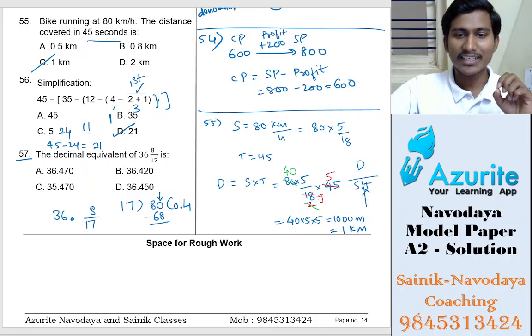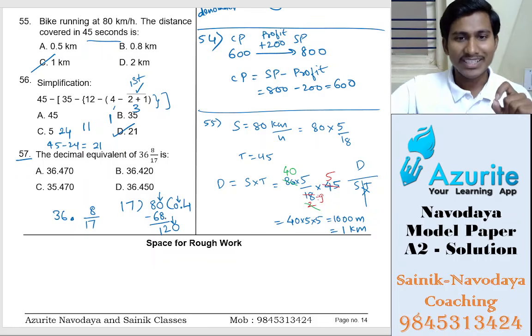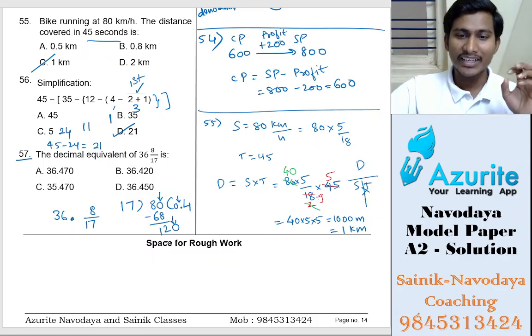If you subtract, the answer is 12 remaining. The point is already there, so we can take a 0 here, making it 120. 17 sixes are 102, 17 sevens are 119.